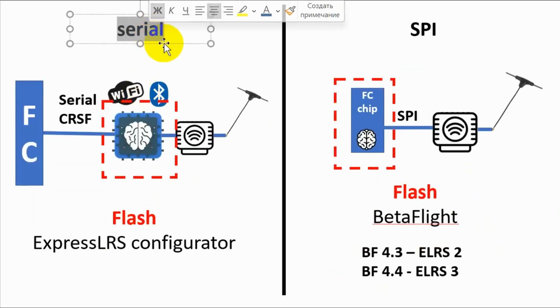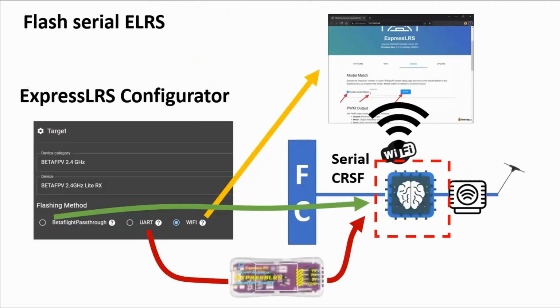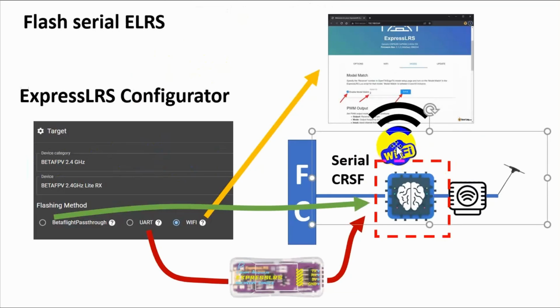getting into the details of the serial flashing method. It allows us very big variability. We can use Bluetooth, we can use Wi-Fi to flash, we can use the serial connection to flash, whatever we can use to flash.